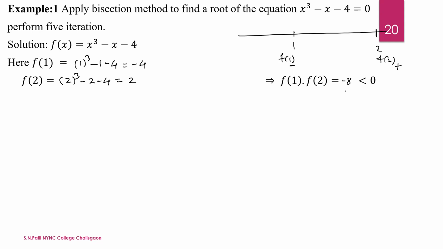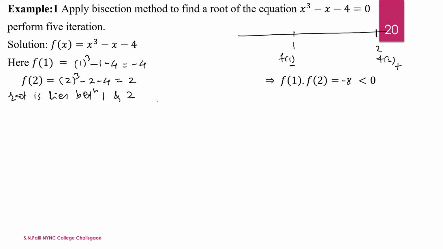By the intermediate value theorem, f is continuous, and f of a and f of b have opposite signs, that is, their product is negative. It means the root lies between 1 and 2.